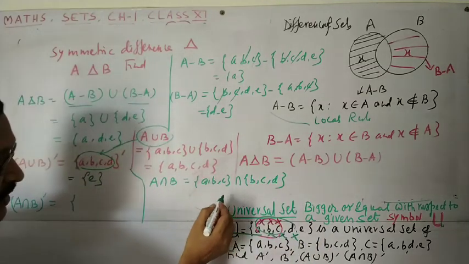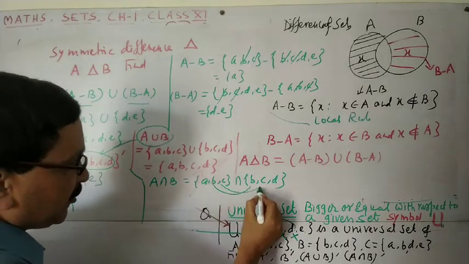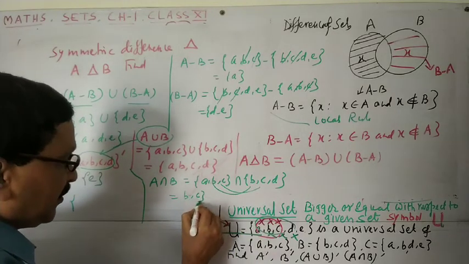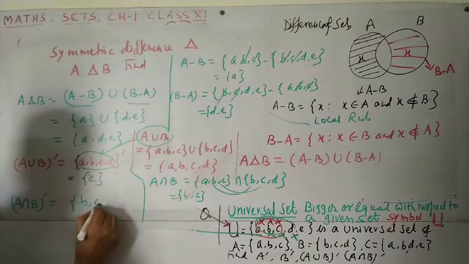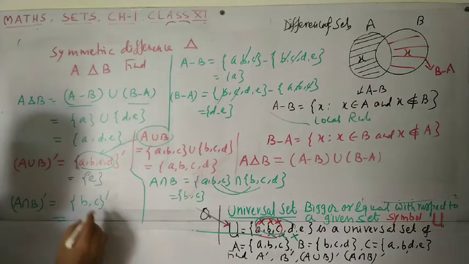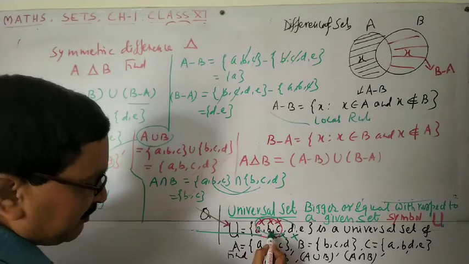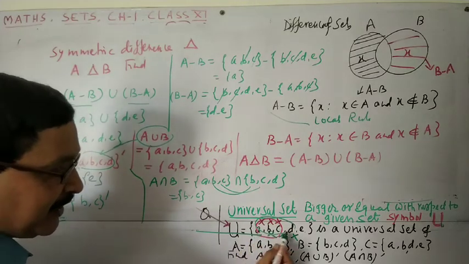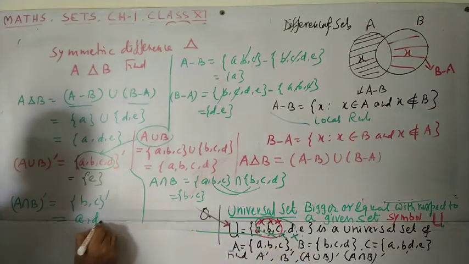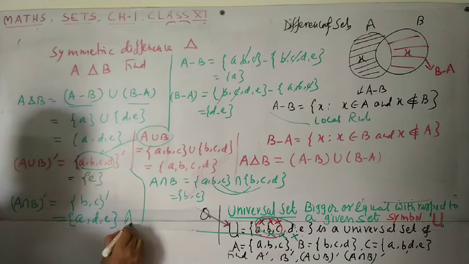So just see the intersection is B common and C common. So this is BC. Now write BC complement. So except B and C from the universal set, we are getting ADE. So this is your answer.